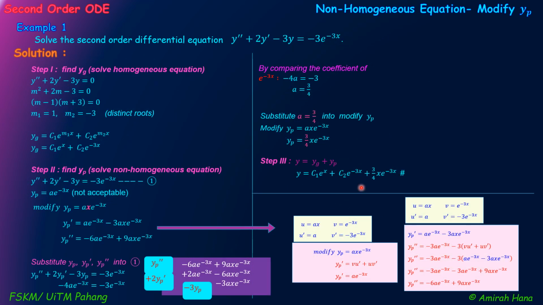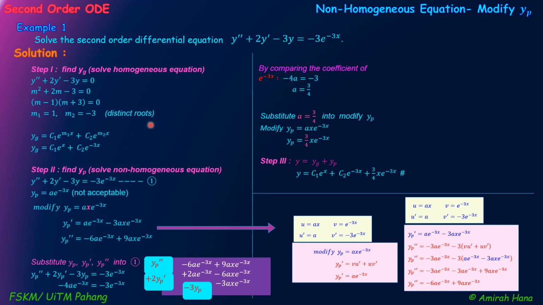This is the complete solution for this question. From step 1, find yg; step 2, find yp, and this is modify yp. We multiply the original yp by x. And then step 3, we find y by y equals yg plus yp.